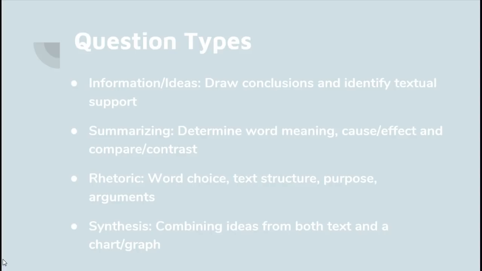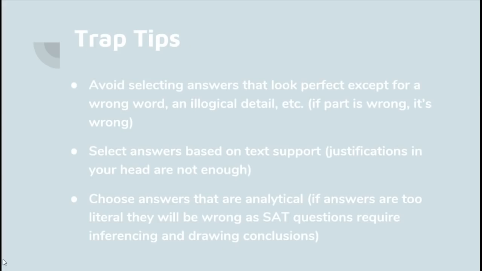The last thing you want to consider as you approach the reading section is the tricks that are employed by the test makers to throw you off track. First, you want to avoid selecting answers that are almost perfect. So if there is a wrong word or a wrong detail or an illogical detail, please discard that answer.